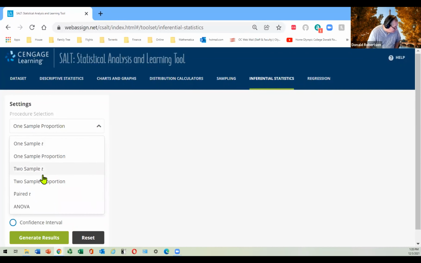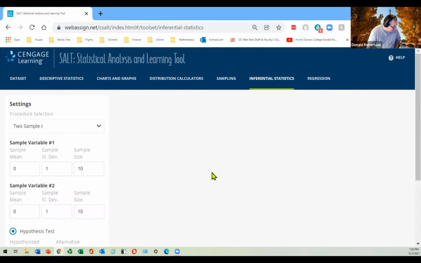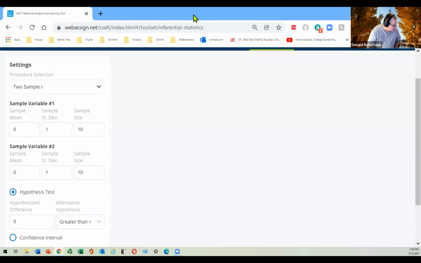I'm going to go here and do 2 sample T. The first group of people is going to be females. So for the females, the average is 88.3. The standard deviation is 14.3. And the sample size was 103.